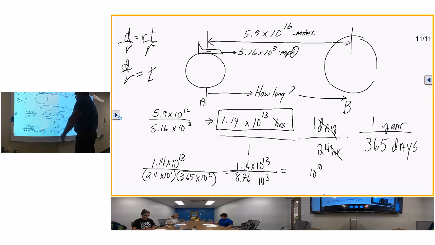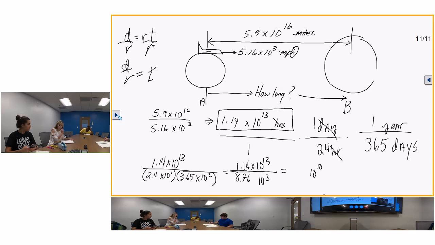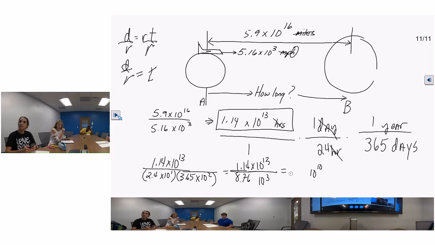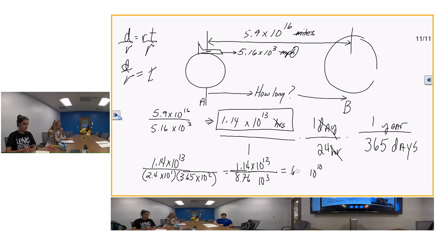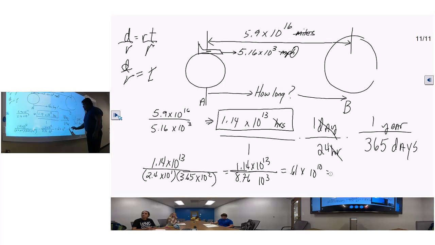And then somebody take 1.14 and divide it by 8.76. 0.61, we'll round it, times 10 to the 10th. So that's going to be 6.1 times 10 to the 9th power.